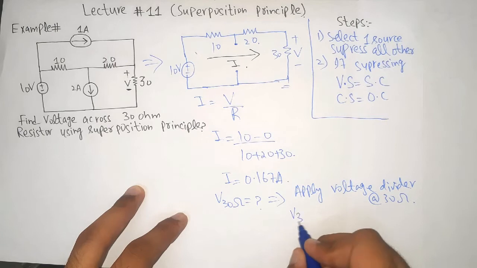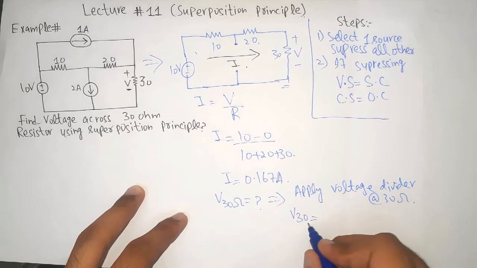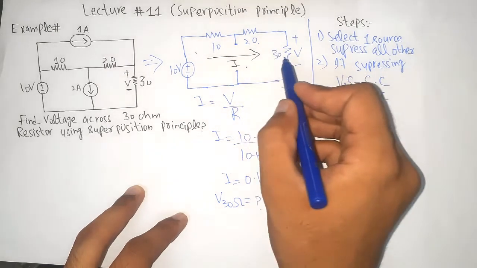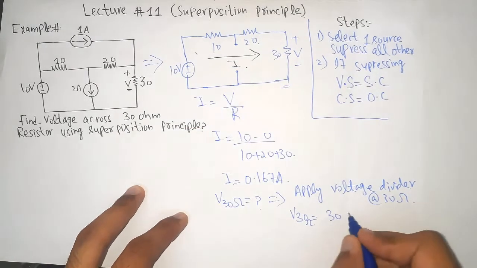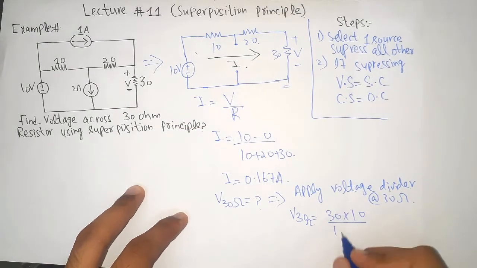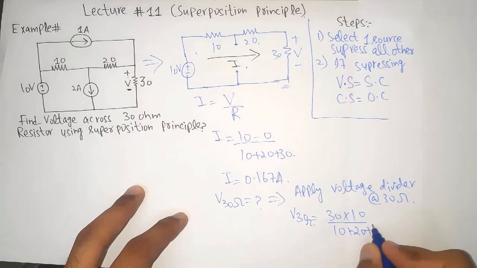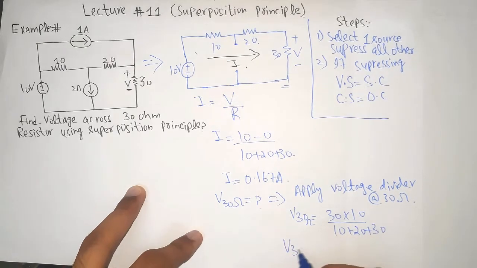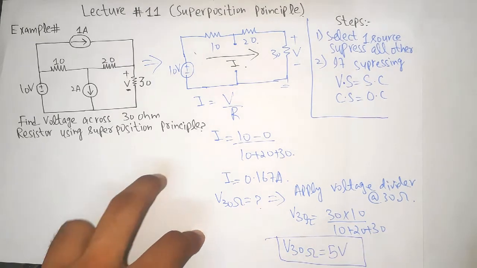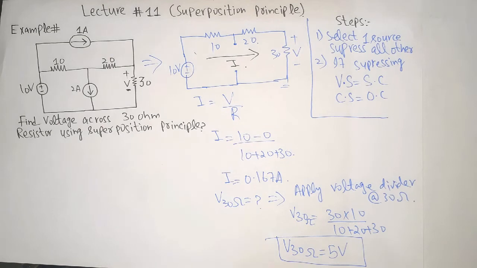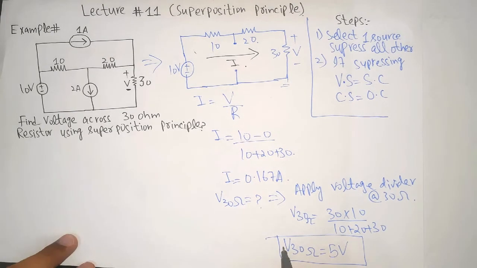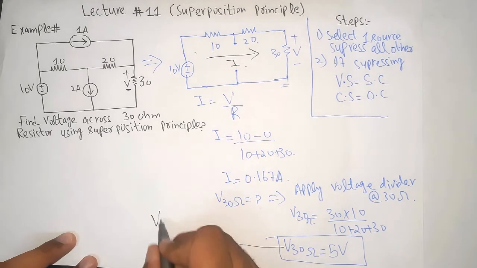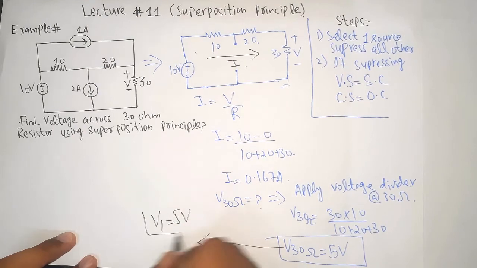So V30 ohm equals 30 into 10 divided by the sum of all the resistances. So it becomes 5 volts. So students, our first step is done. We need to find voltage across 30 ohm, and I will name it V1 equals 5 volts.